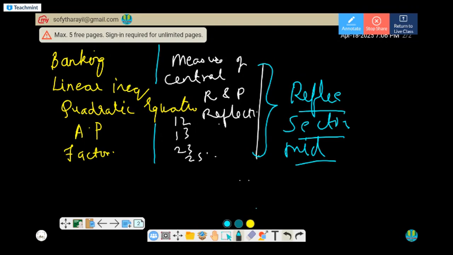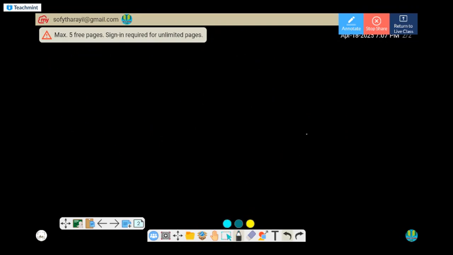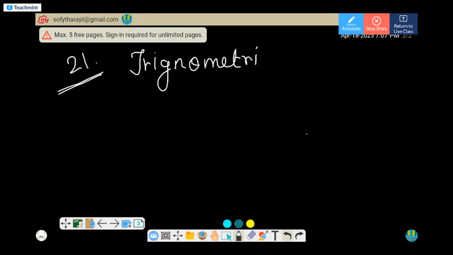All right. So now we will come to taking very basics of trigonometry. You can write it's chapter number 21 in many textbooks. The numbering might change. Take a note. Trigonometrical identities.